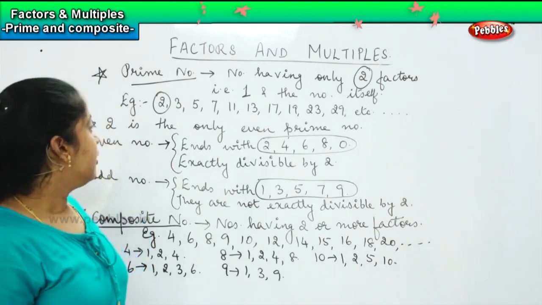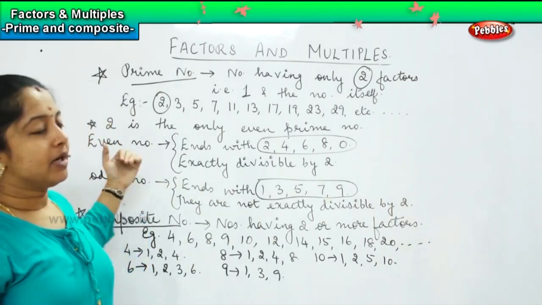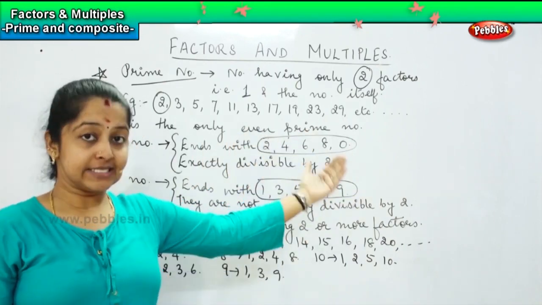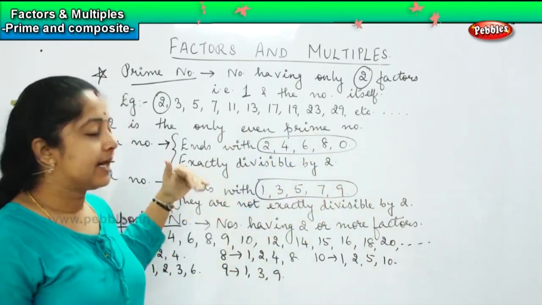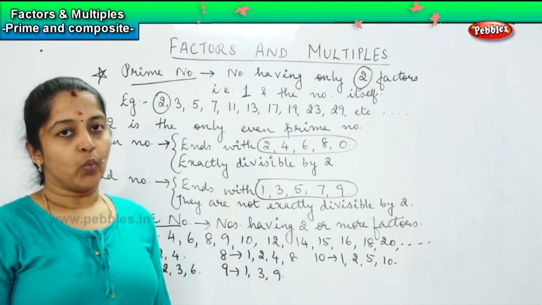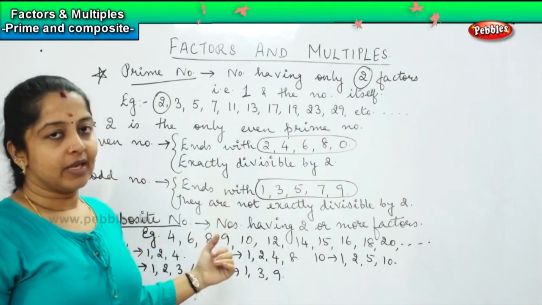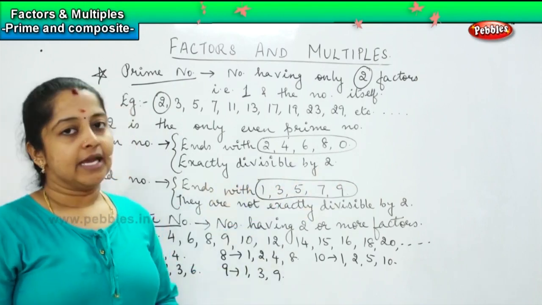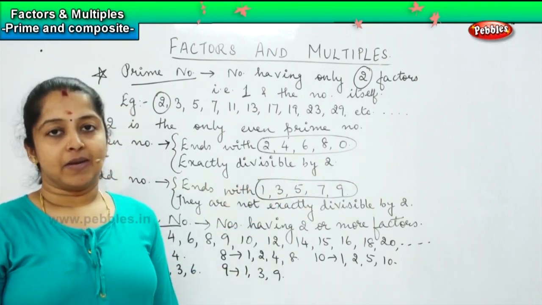Okay, and then we also learned that even numbers always end with 2, 4, 6, 8, and 0. Okay, and they are exactly divisible by 2, whereas odd numbers are something which end with 1, 3, 5, 7, and 9, and they are not divisible exactly by 2.